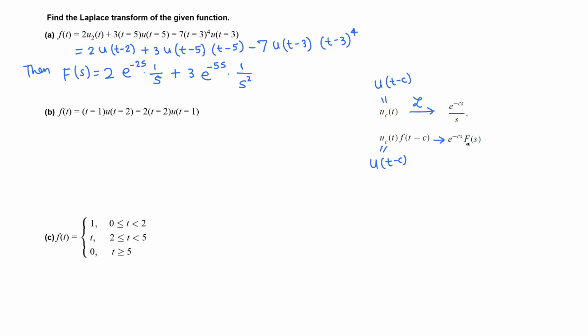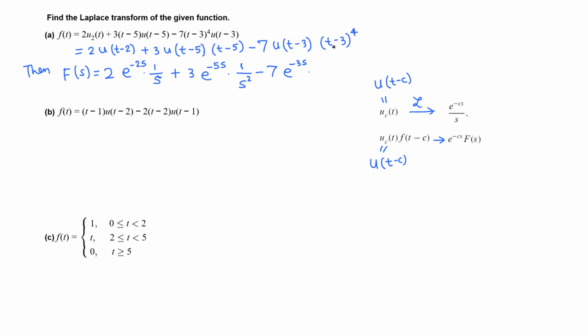F(s) means the Laplace of little f. So we ignore the minus c when we find the Laplace, and that's how it works from the formula. Minus 7 times, again second formula, and the unit step function at 3, so e to the negative 3s times, now we ignore this part, it's like t to the 4th, and find the Laplace of t to the 4th.